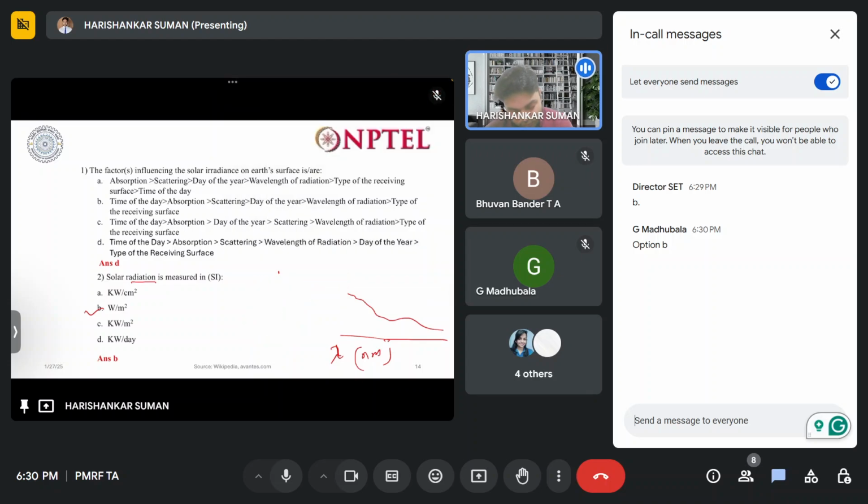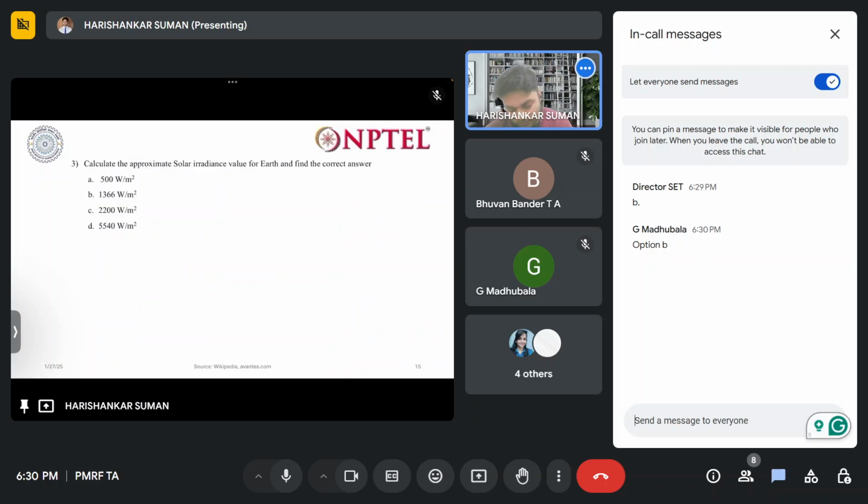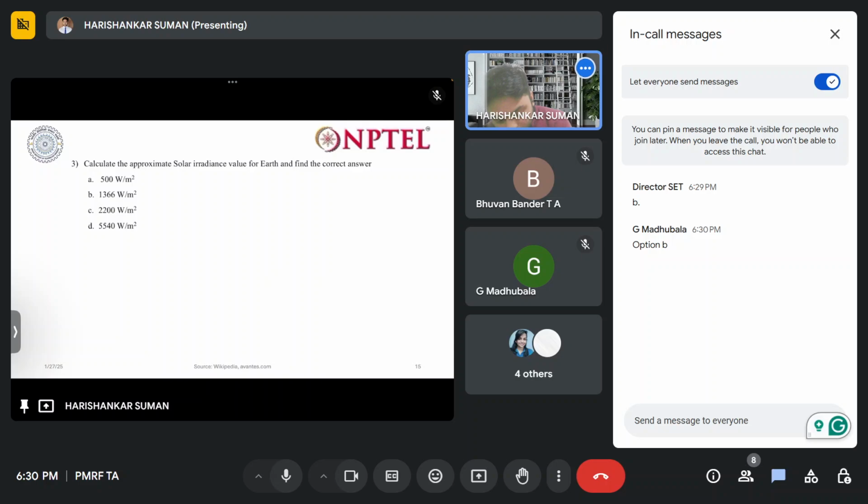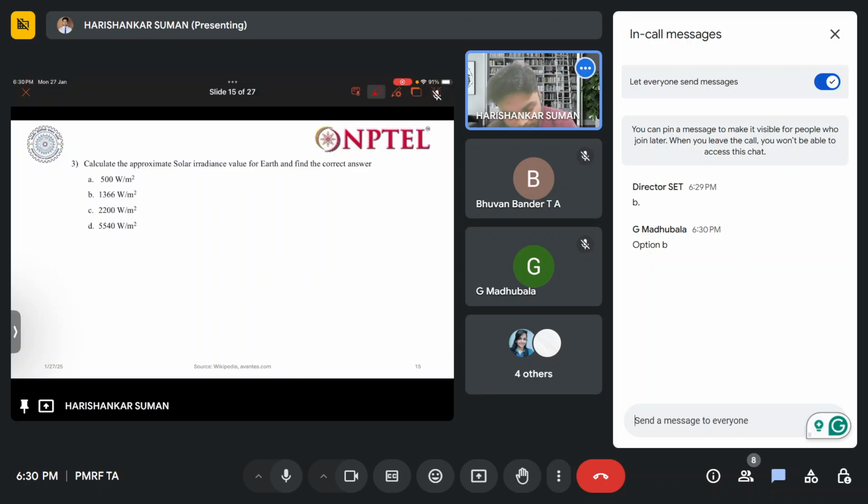Okay, let's move to the next question. Yeah, this is a good question. Calculate the approximate solar irradiance value for Earth and find the correct answer. How can you calculate?